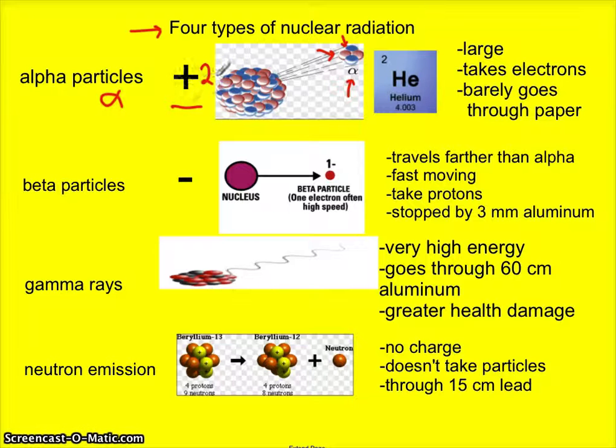I'll just use this plus sign right here. So, by definition, when you have 2 protons and 2 neutrons, what you have is helium that just doesn't have any electrons around it. So this is actually helium. Alpha particles are helium that is taken out of some other nuclei.